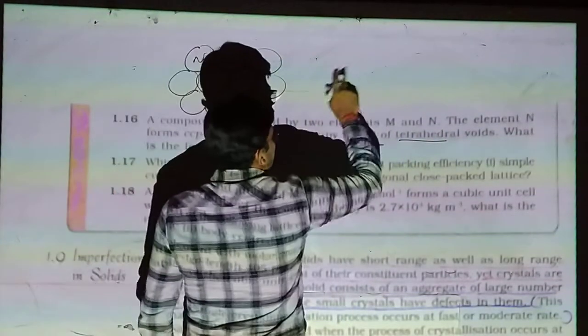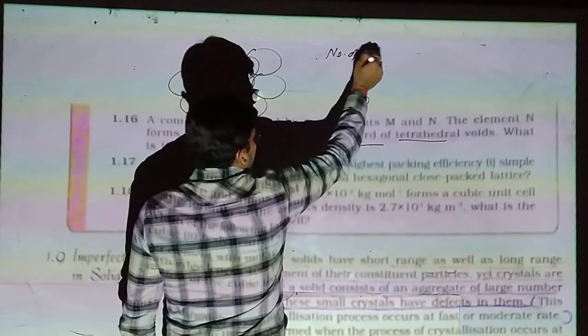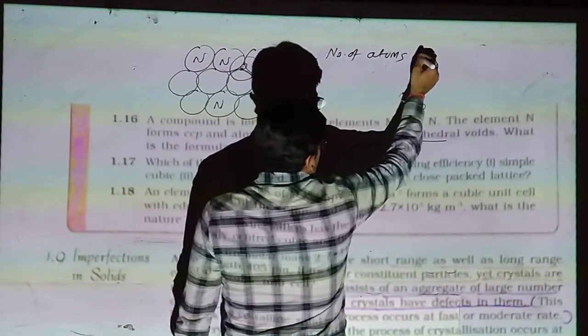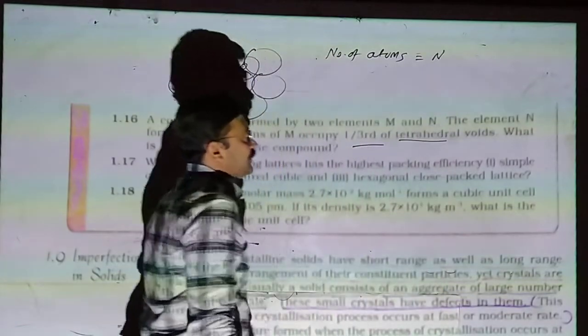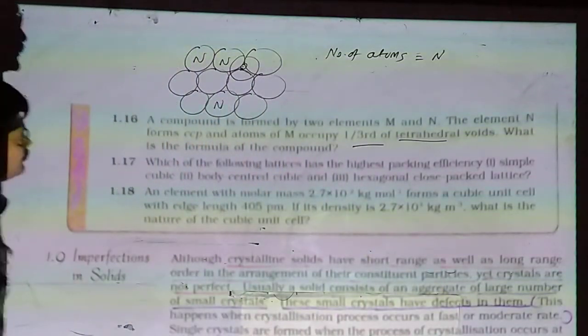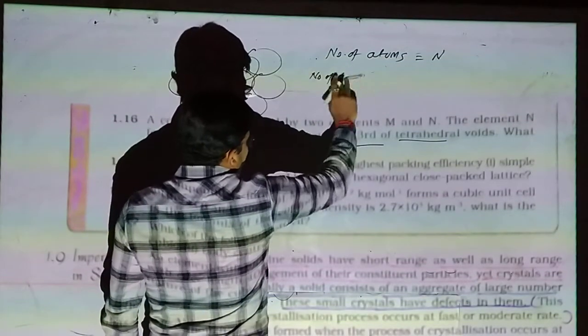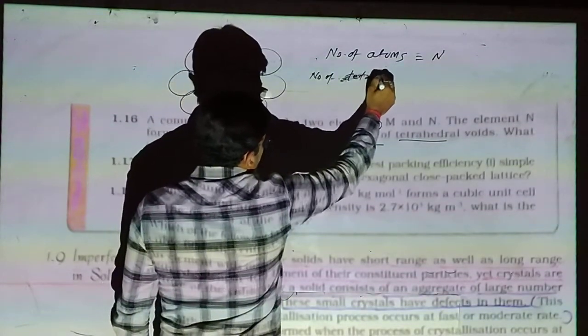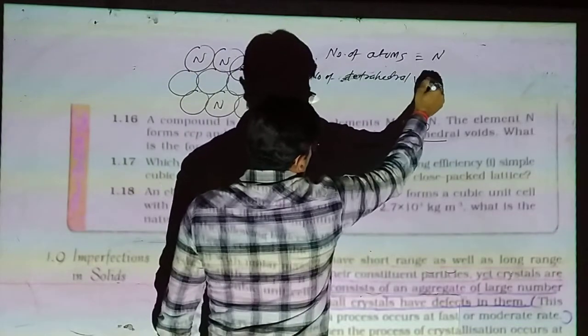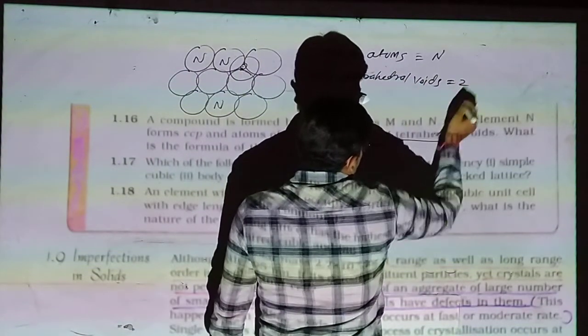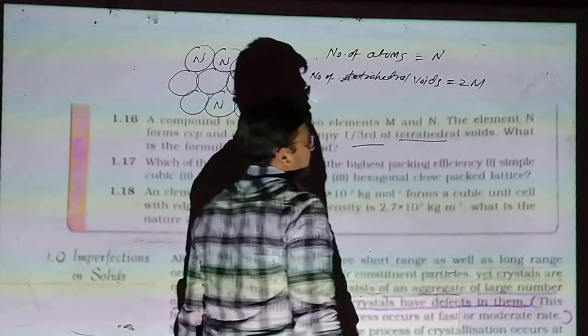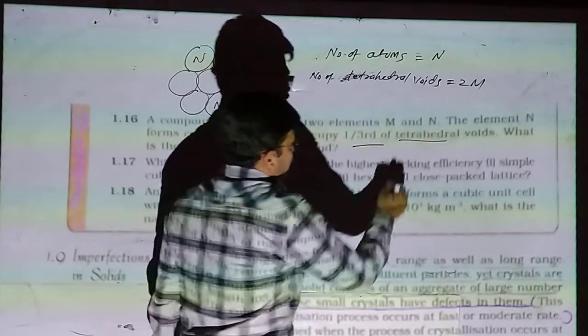So we know the number of atoms. Suppose N is n. So the number of tetrahedral voids is twice, and 1/3 portion of it.